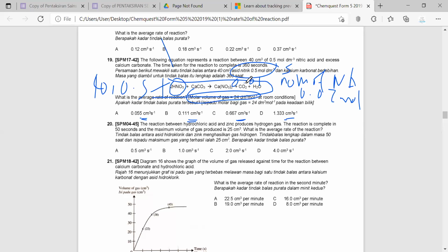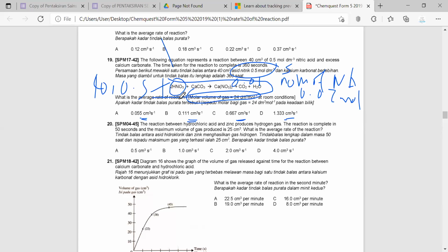Wait, sure. I don't understand. Okay, 0.02 here, we counted with MV over 1000, like I taught you yesterday, Naeem. M 0.5 times 40 divided by 1000. Teacher finds number of moles of nitric acid.